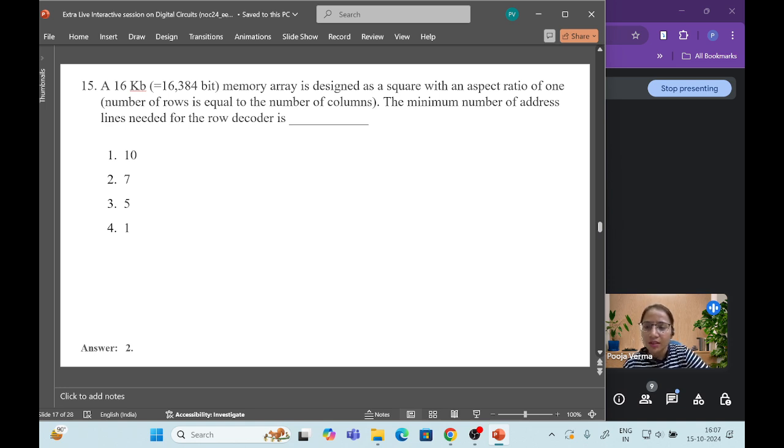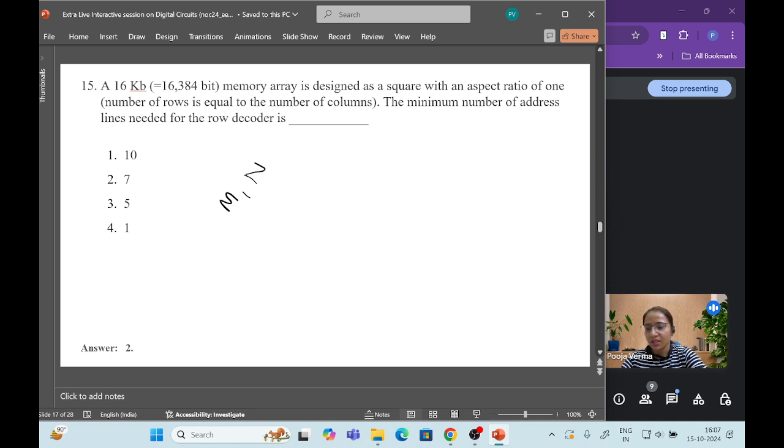A 16 kilobyte memory, or you can say it's equal to 16,384 bit memory array, is designed as a square with an aspect ratio of 1. Number of rows is equal to the number of columns. You can say that number of rows is represented by m and number of columns is represented by n. The minimum number of address lines needed for a row decoder.